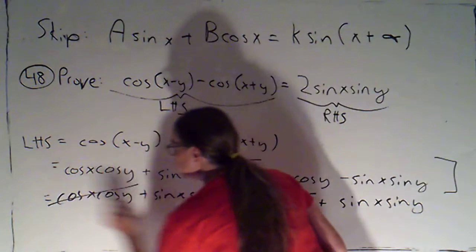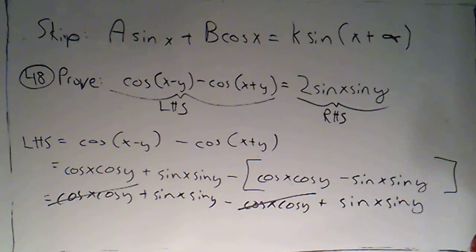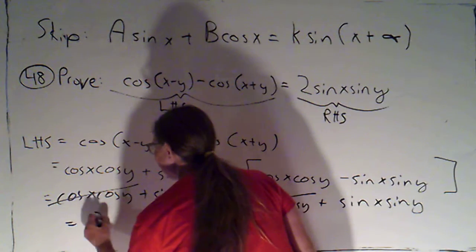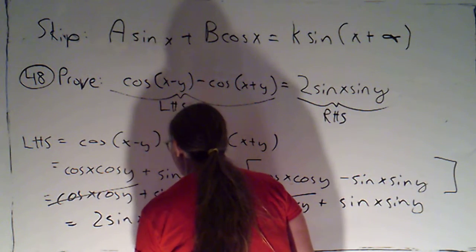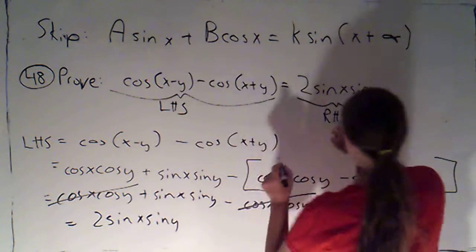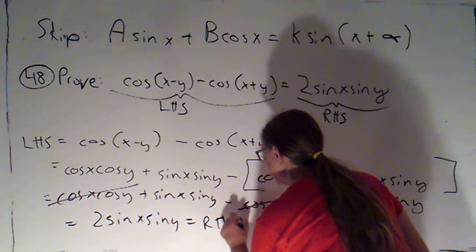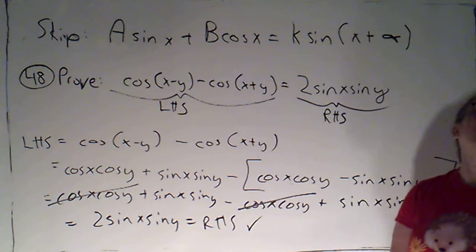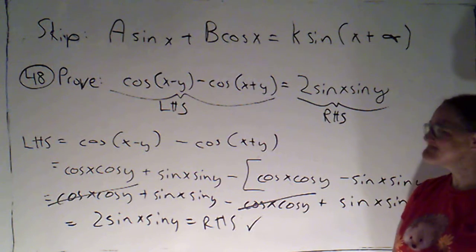The cosines cancel. Looks like I've got two copies of sine x, sine y. And that's exactly what my right-hand side was. So we have, in fact, proved that identity. Excellent.